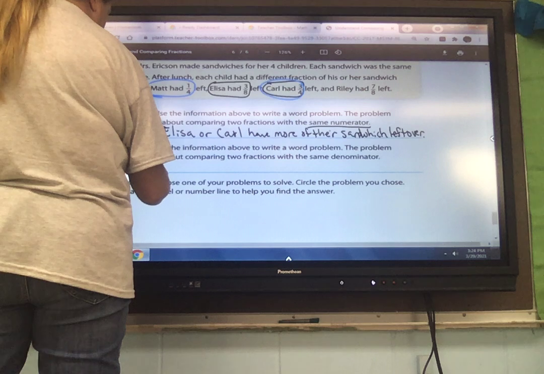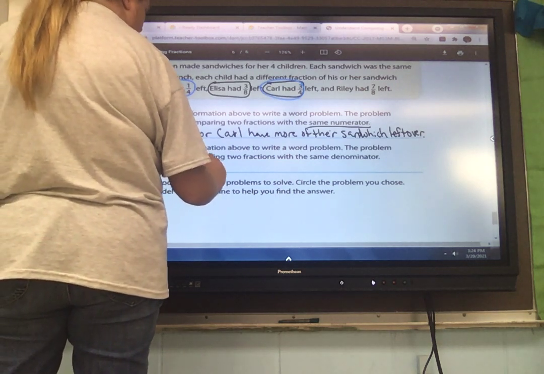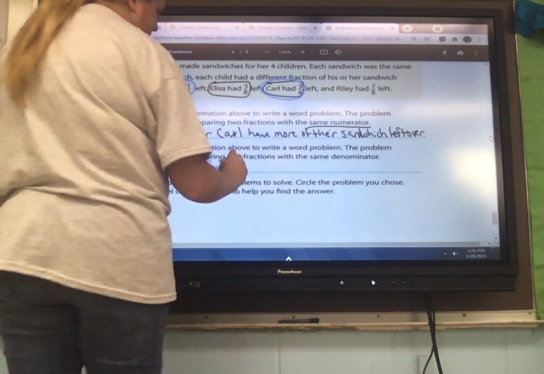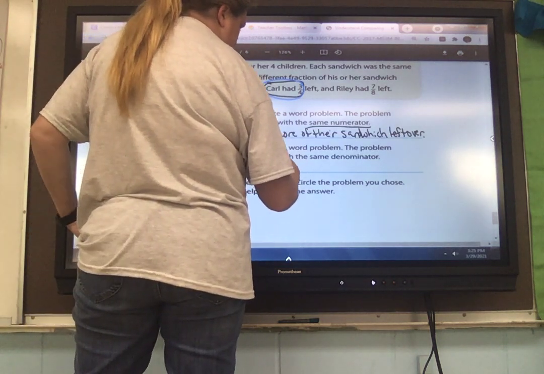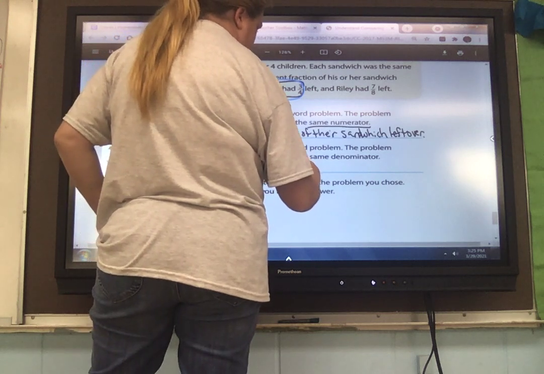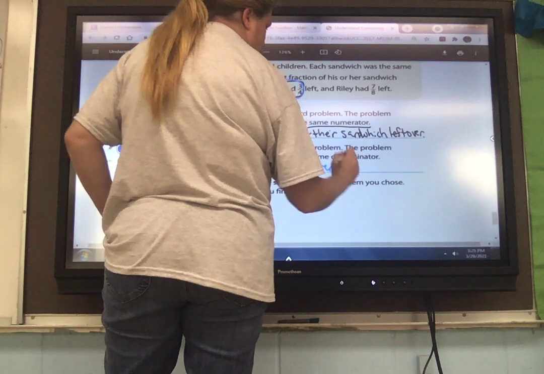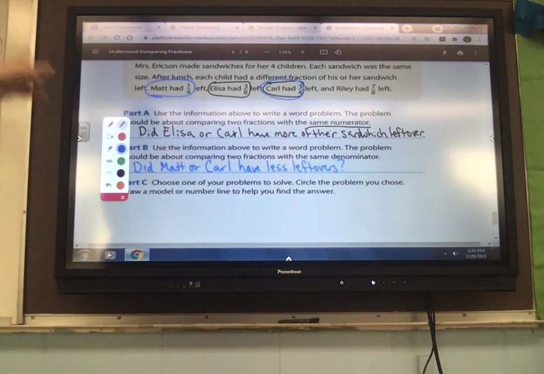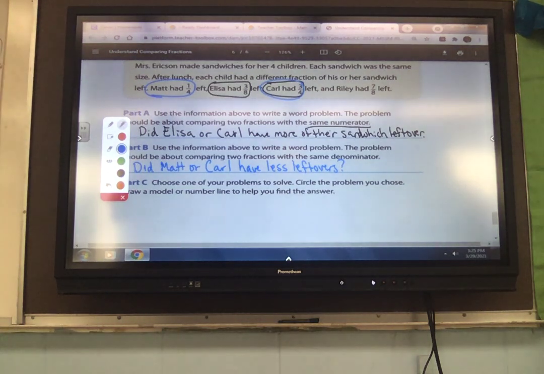Did Matt or Carl have less leftovers? So this time we're looking for the smaller fraction between Matt and Carl because they would have the same denominator.